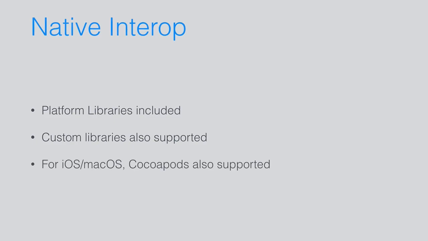And then for iOS and macOS, this was a huge thing. CocoaPods are supported bidirectionally. So if you have shared code in Kotlin, in the iOS portion of it you can import CocoaPods. You can import AFNetworking or other common CocoaPods, whatever it is.